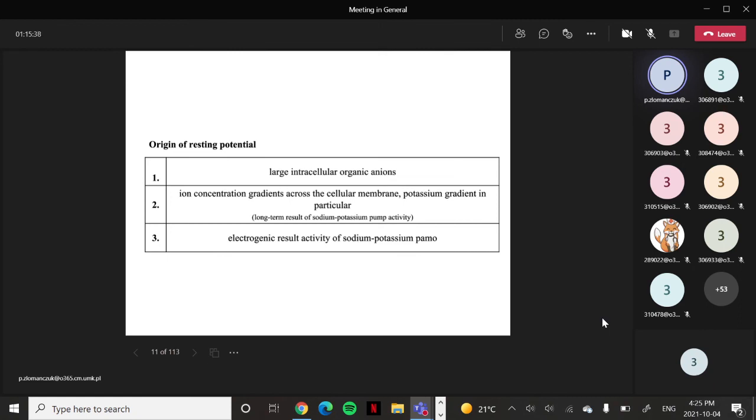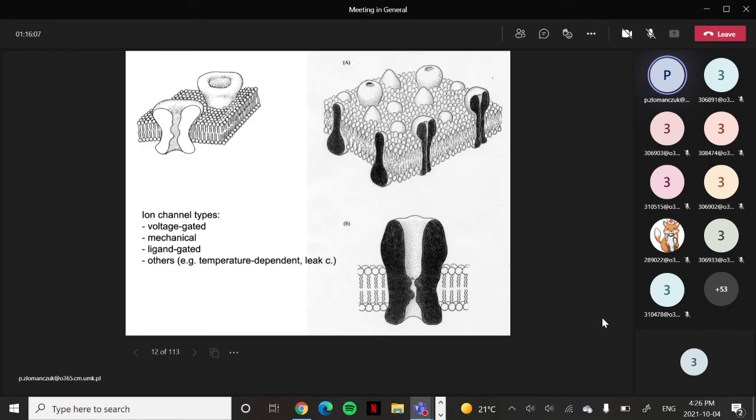At the end of today's meeting, I will give you the tools to think about it, and please be prepared that we will be discussing it. I will be asking you a couple of questions during the lab about how come the potassium gradient is important for maintaining the stable resting potential on the cellular membrane in general and in neurons in particular.